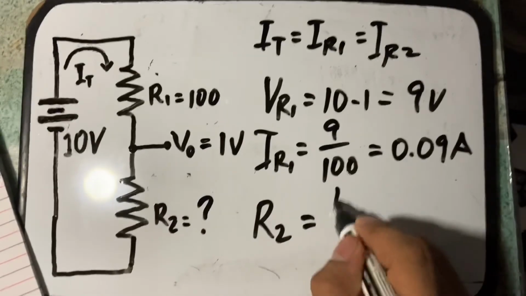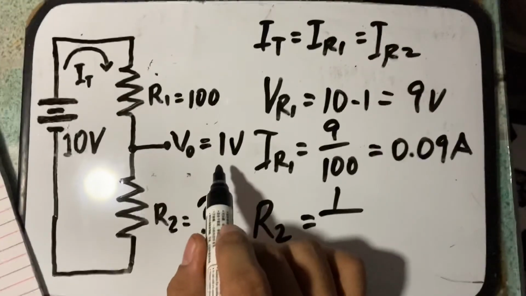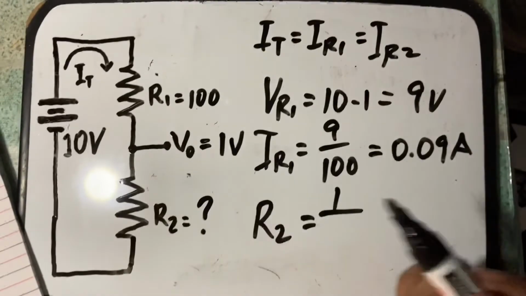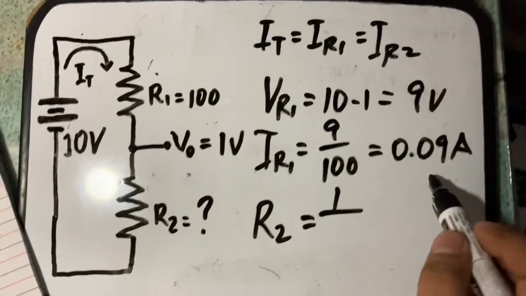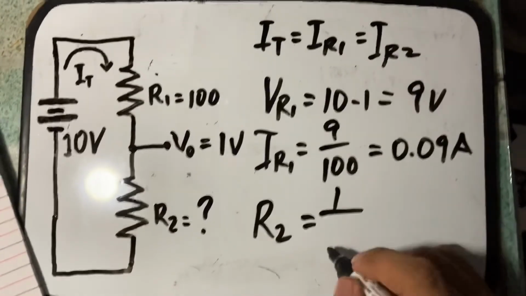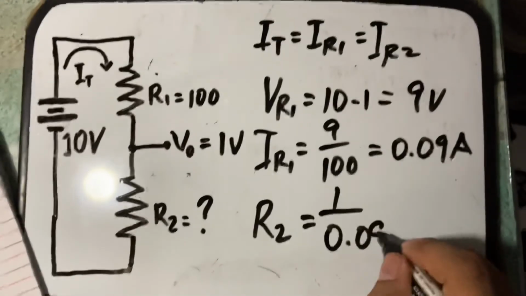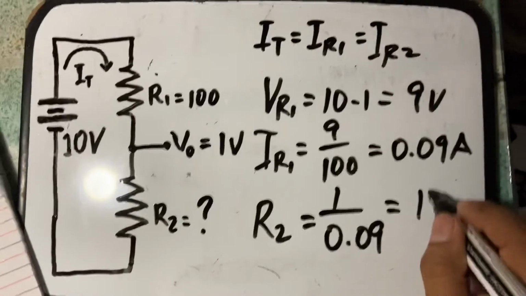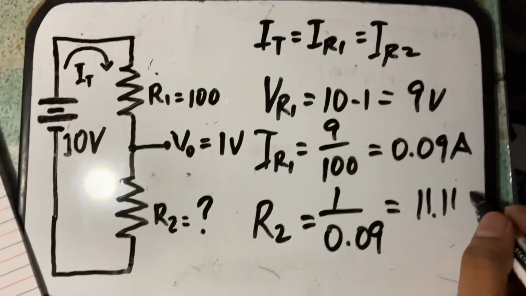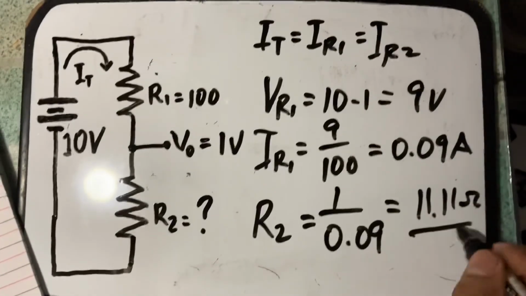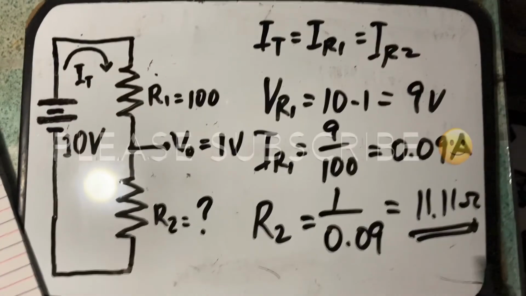So we can now compute for the resistance by dividing the voltage, which is 1 volt, over the current, which is 0.09 amperes. So yung resistance ng R1 will be equal to 11.11 ohms. Yan. So, ganun lang kadali.